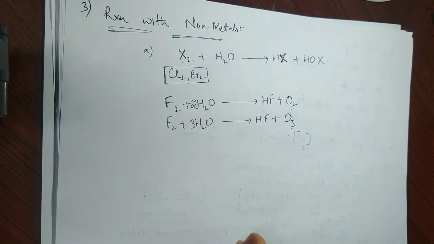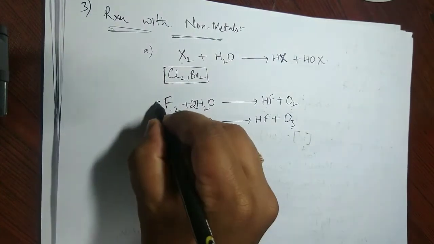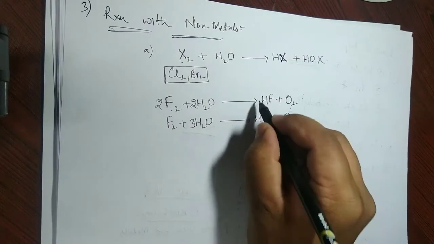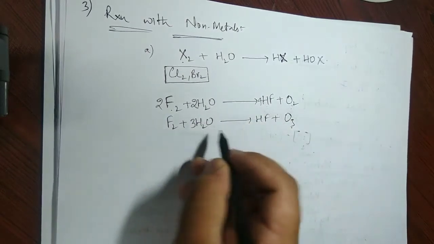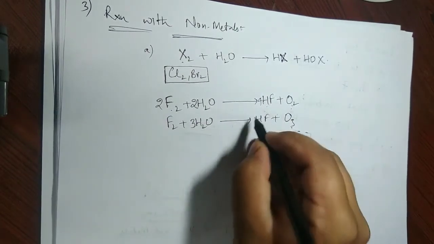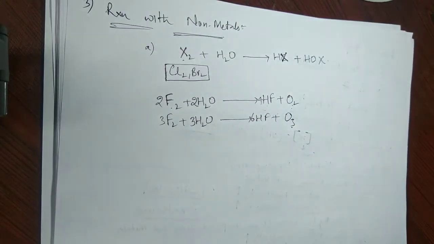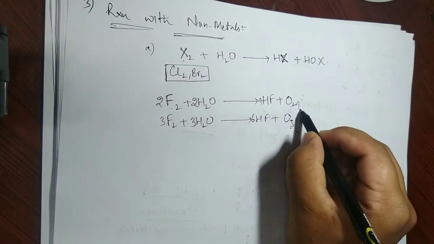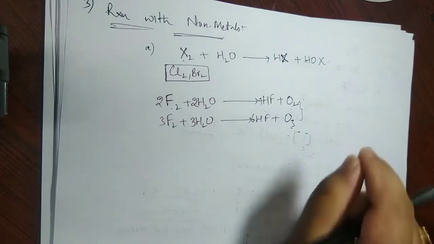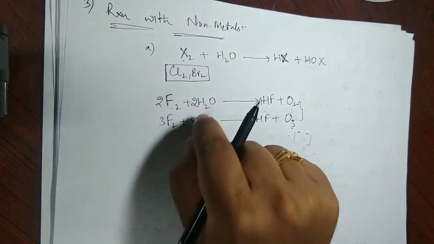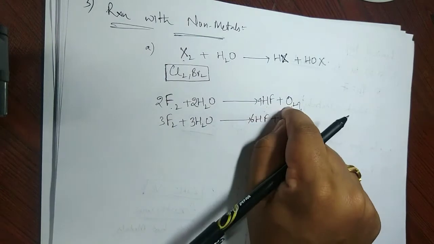Ozonized oxygen. So in fact 2F2 plus 2H2O gives 4HF and O2. This one, 3 and 6, so it should be 6 and 6, so it should be 3. All right, so 3F2 plus 3H2O gives 6HF plus ozone. This combination is called ozonized oxygen. If they say limited water or less amounts of water, oxygen gas.